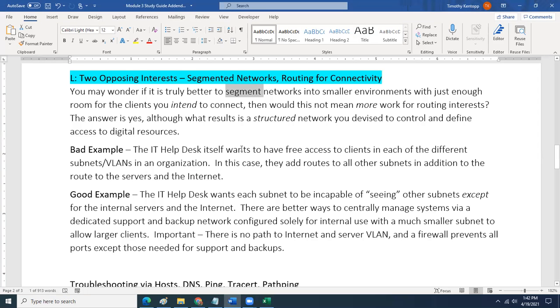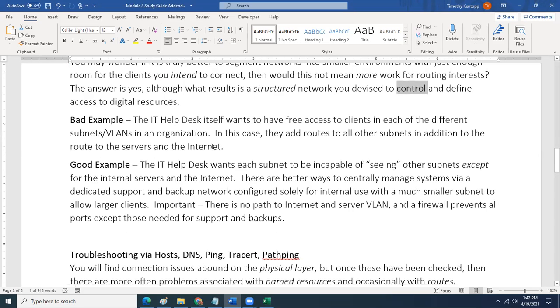And you need to be aware in the workplace of how the Hatfields and the McCoys, two opposing interests, right? The IT people and the security people, they're always kind of warring with each other. You want to structure the network, you want to define and control exactly which resources have which resources.